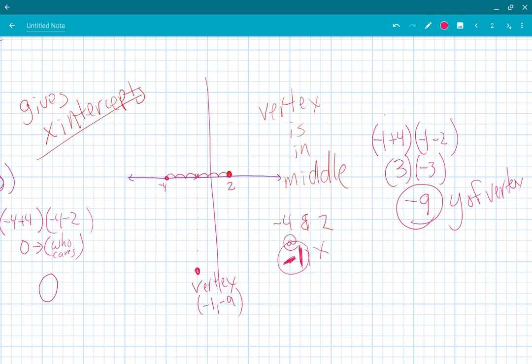Okay. Now, we kind of know the steps from there are up 1 over 1, up 3 over 1, up 1, 2, 3, 4, 5. So there's our equation right here. So how much work did I have to do to graph this one? Did I have to do a lot of work, or just find the x-intercepts, find the middle? I only plugged one number in.